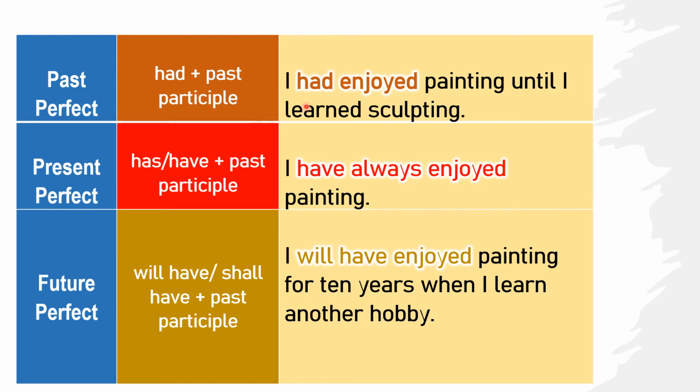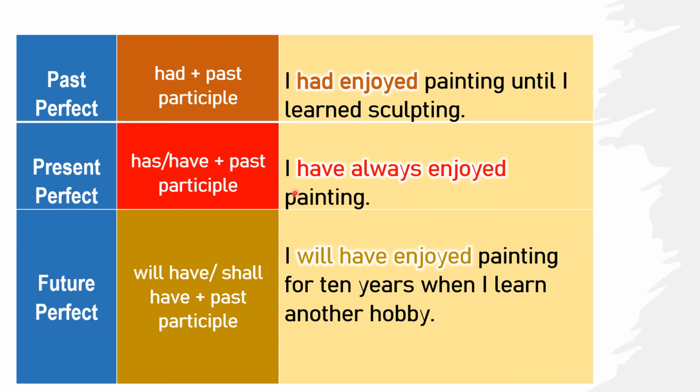Example, I had enjoyed painting until I learned sculpting. Had plus the past participle of the verb. So the base form of the verb is enjoy and the past participle is enjoyed. For present perfect, we are going to use has or have depending on the subject.